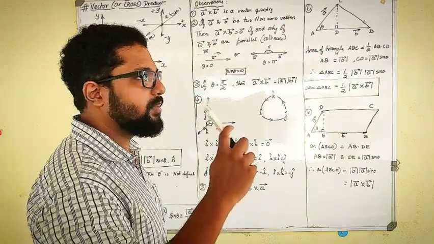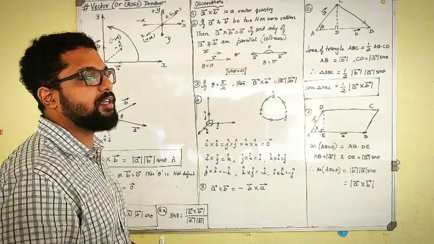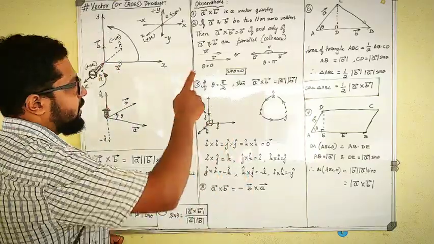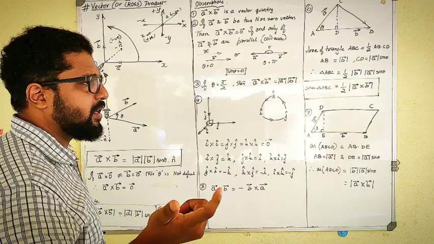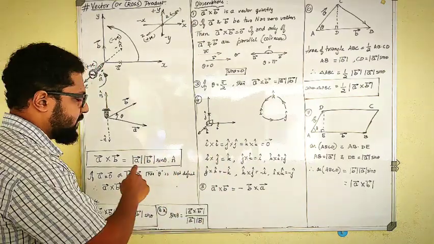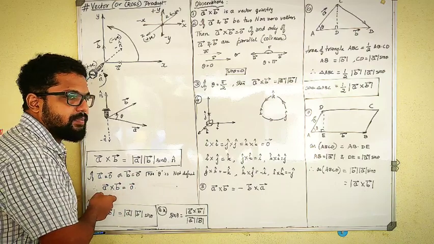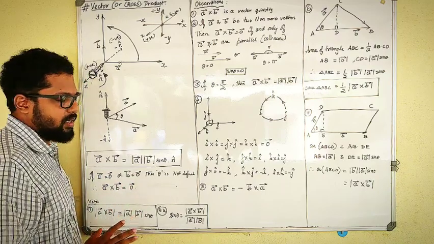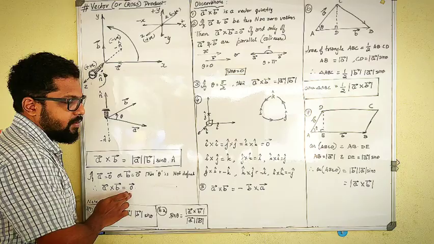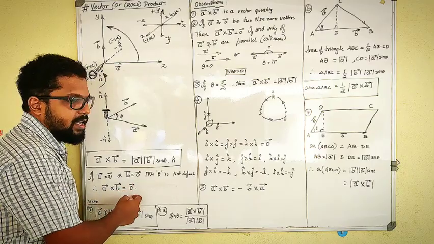It's the same observation which we came across in the dot product. Now in this one, if A vector and B vector are non-zero vectors; if any one of them is zero, then obviously A cross B is a zero vector. So this is one possibility of getting a zero vector.